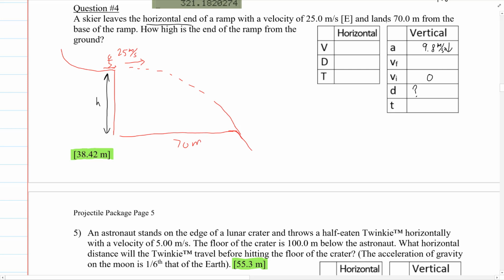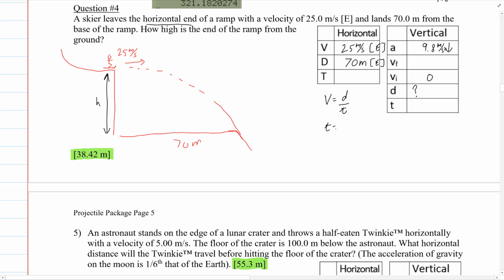What else do we know? He lands 70 meters away. And he's traveling at 25 meters per second. Yes, he's traveling east, and I'm sure this is going to be an east here as well. And the time, well, we're going to use the formula that velocity is displacement over time.